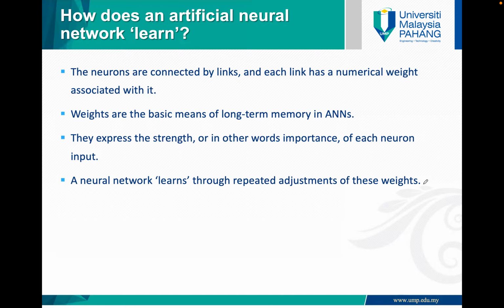So how can we use artificial neural network to learn? That's why we call it machine learning. The term machine learning itself has the word learn, right? So actually we are trying to teach the machine to do some task based on previous knowledge.